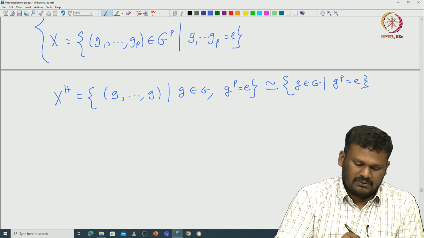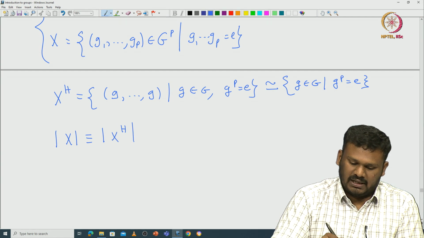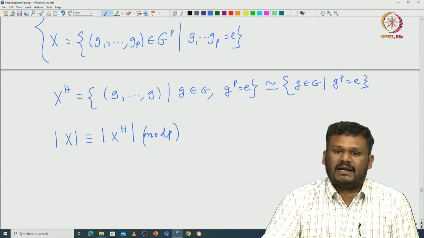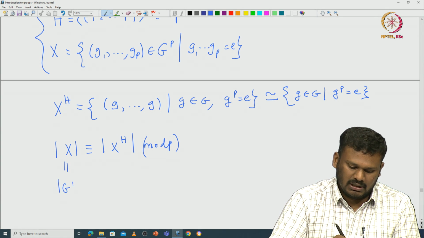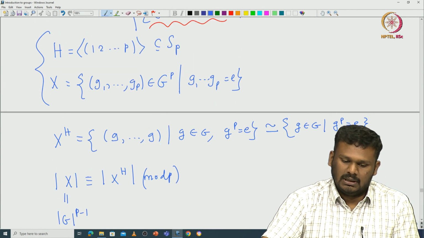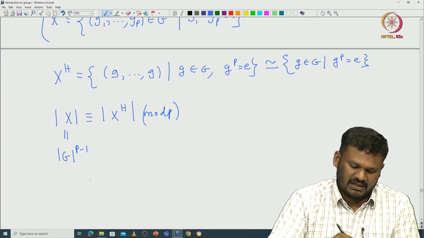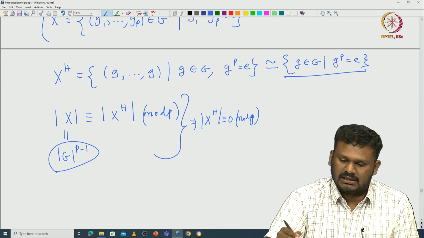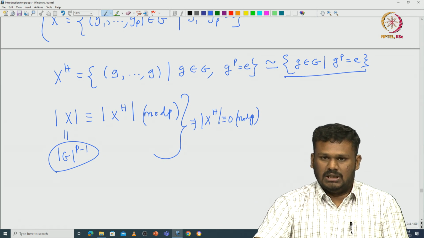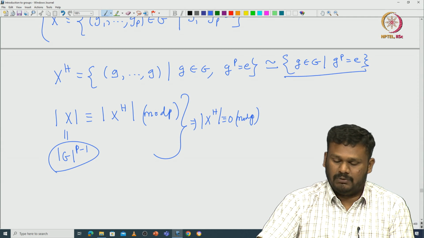From this we concluded that the cardinality of X is congruent to the cardinality of X^H modulo P, because H is a P-group, and we observed that the cardinality of X is nothing but the cardinality of G to the power P minus 1, which is congruent to 0 modulo P. So, P divides this number, and that forces the cardinality of X^H to be congruent to 0 modulo P. In particular, the number of elements of G such that g^P is identity is congruent to 0 modulo P. This is what we proved.